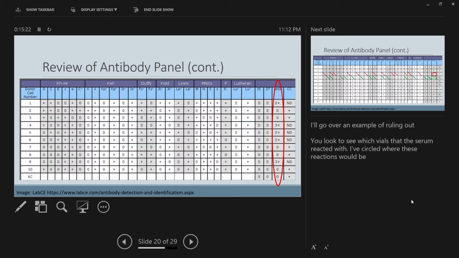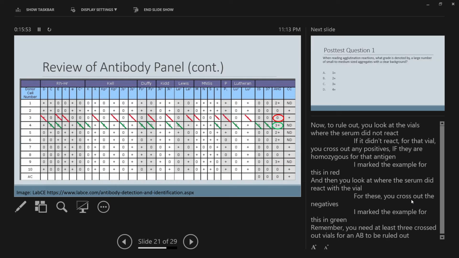So here's an example of the antibody panel, and I'll also give you an example of the ruling out procedure. You see circled in red the panel vials that the serum reacted to. I've circled where you'll find those. In this case, all of the positive reactions happen within the AHG phase.